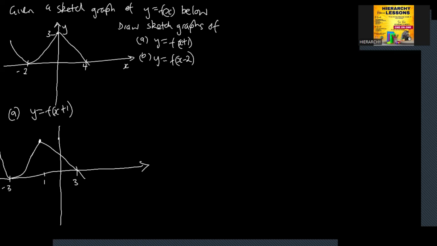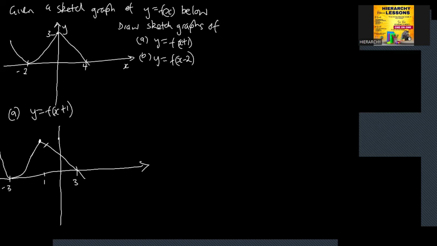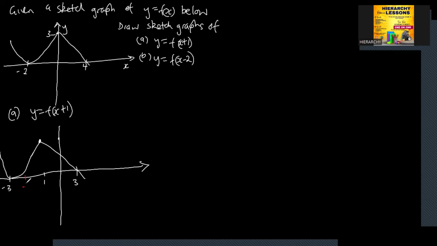The original had a trace like this, with -2 here and 4 here. The translated one, we've translated it in the x-axis. It has moved 1 unit to the left. So we just shifted it, and you can see the clear distinction.